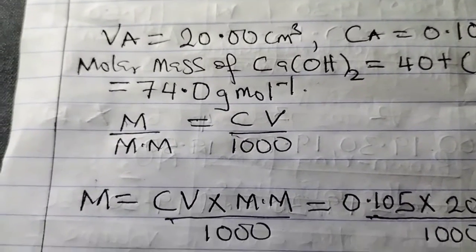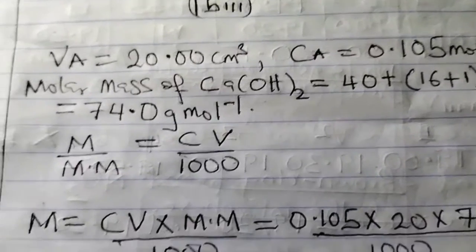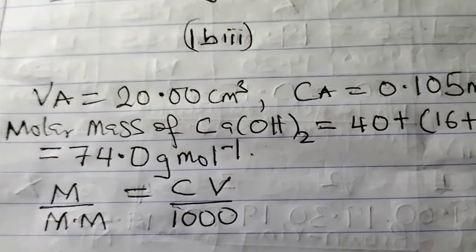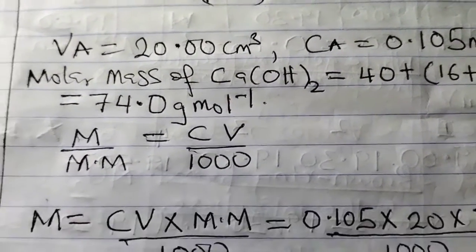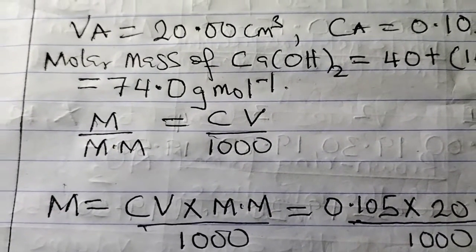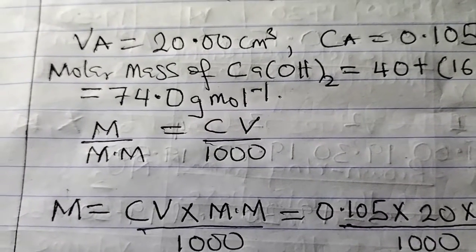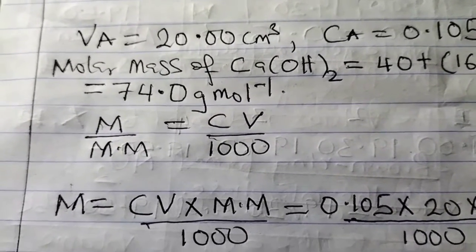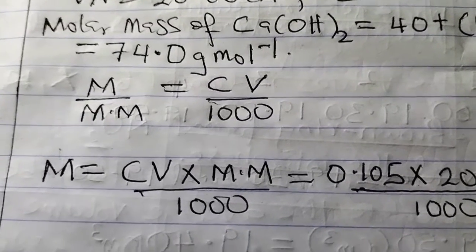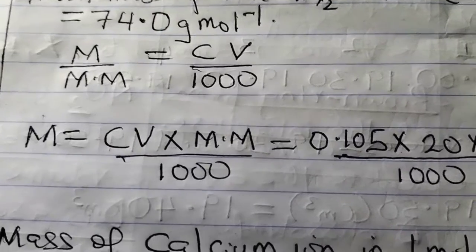First of all, we're going to find the mass of calcium hydroxide present in 20 cm cube using the formula. We make M, the mass, over MM, the molar mass, equal to C, the concentration, times V, the volume, over 1000. We make MA the subject. MA becomes CV times molar mass over 1000.